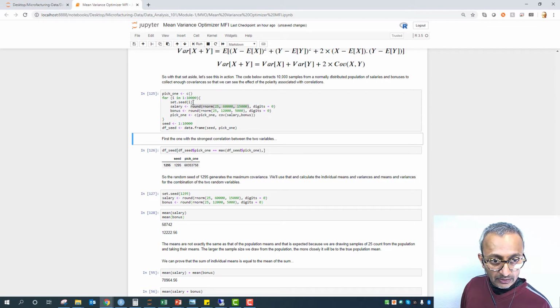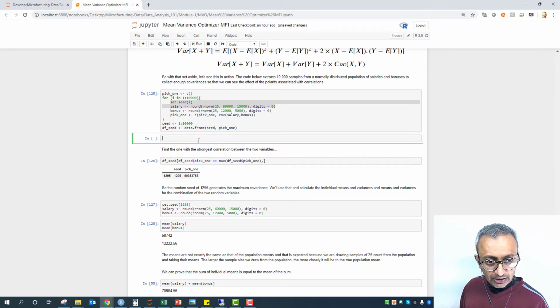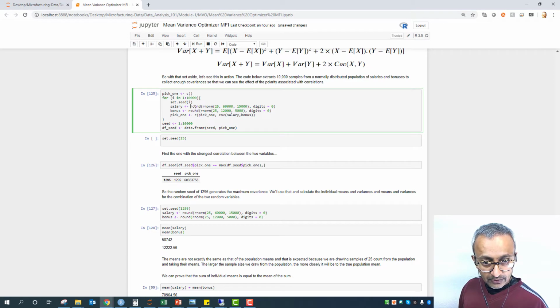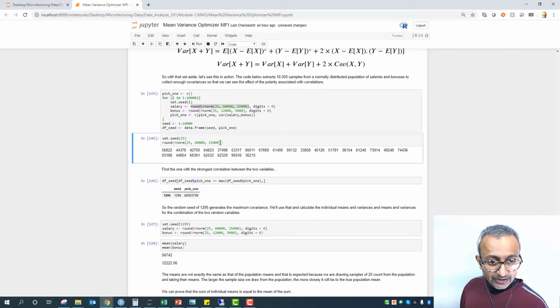What I'm doing here is setting a seed. When you set a seed, let's say I set the seed to any number, say 25. I can pick any number I want, but once I set that seed and run the same thing I was doing before, you will see I get the same exact number.